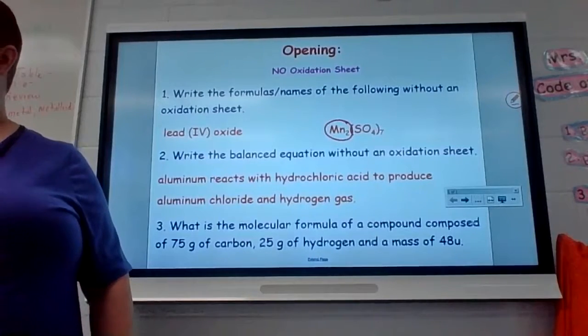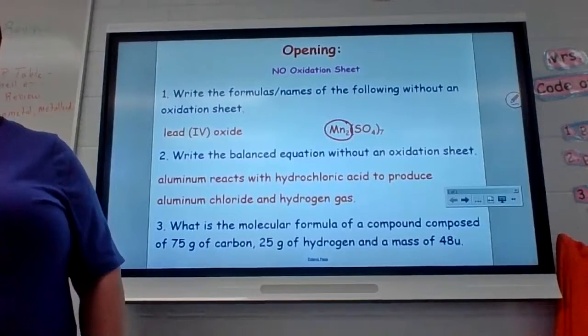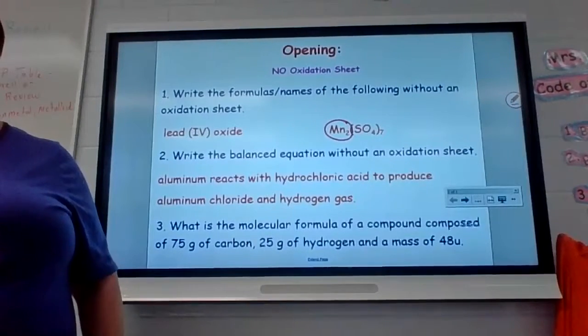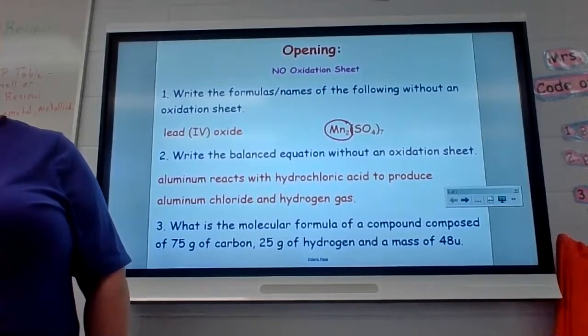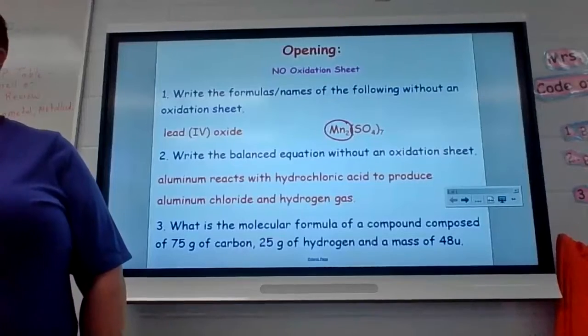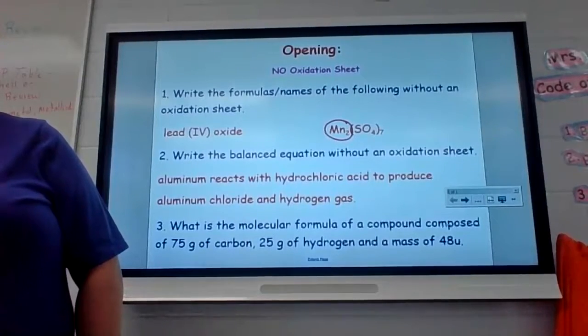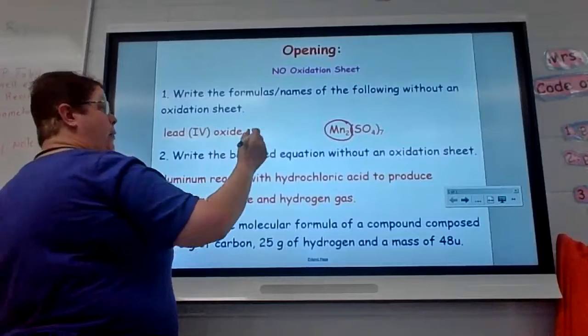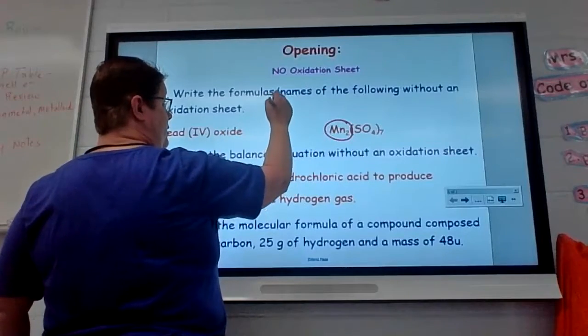Back a couple weeks ago, I told you it does not need a Roman numeral if it's in group 1, group 2, or if it's aluminum, zinc, or silver. So is it in group 1 or group 2? No. Is it zinc, aluminum, or silver? No. Which means it needs a what? It's got to have a Roman numeral, which is why I asked that question.